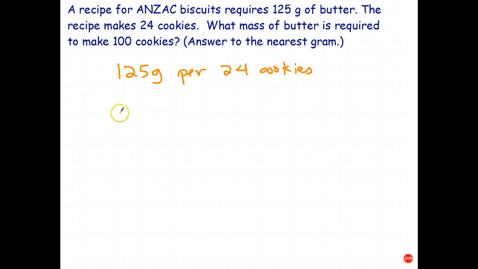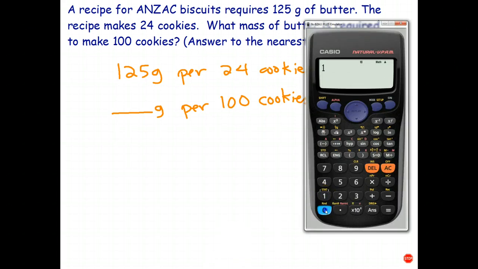And we've got blank grams of butter per 100 cookies. That's roughly 4 times. That's going to be roughly 4 times, but let's do it accurately. Just for the practice, so I need to go 100 divide 24 to work out the multiplier.